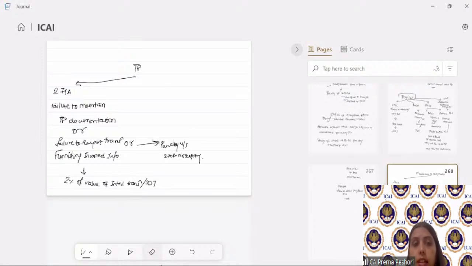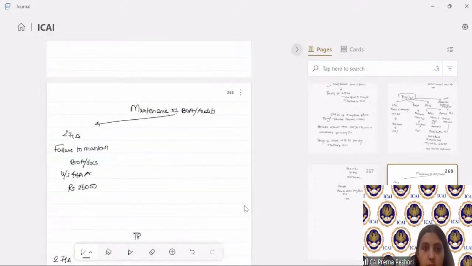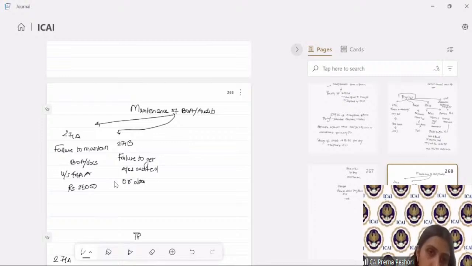Is that all right? Next particular penalty is failure to get accounts audited or obtain audit report under section 271B, for section 44AB.